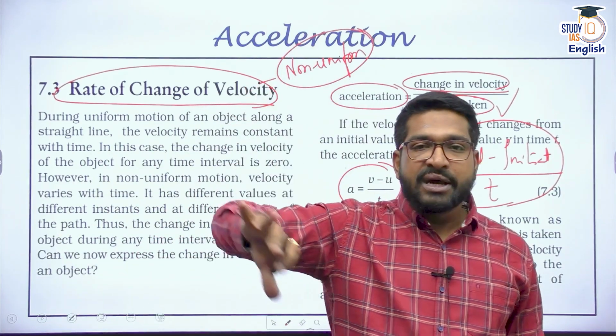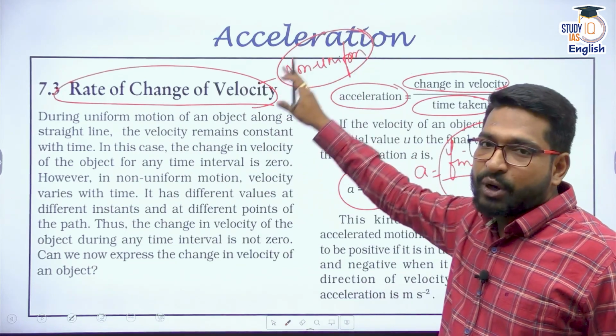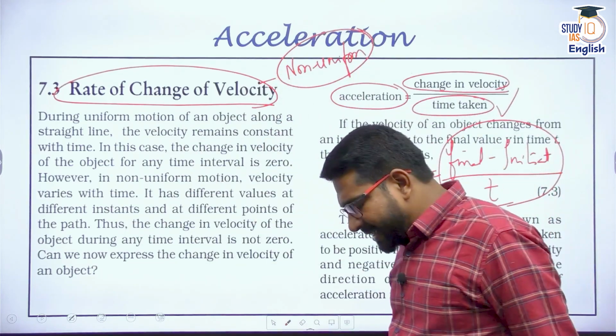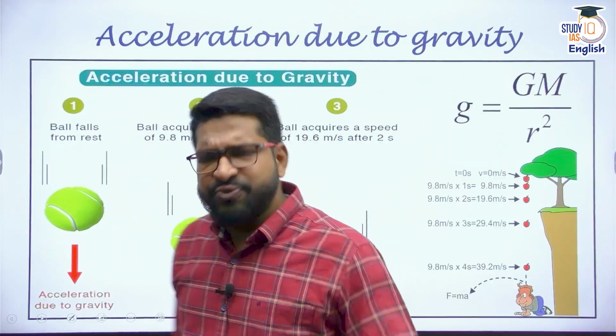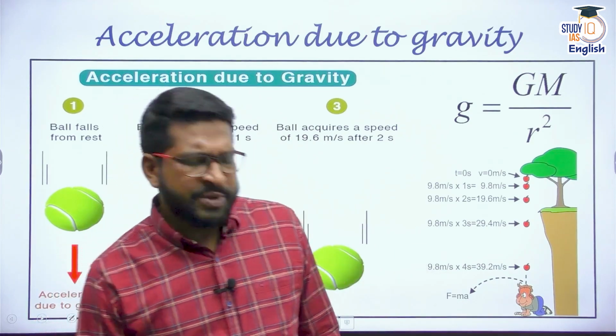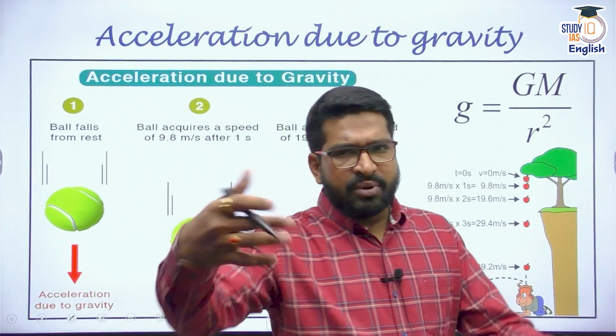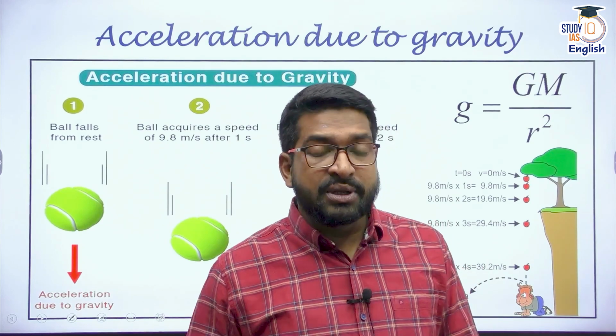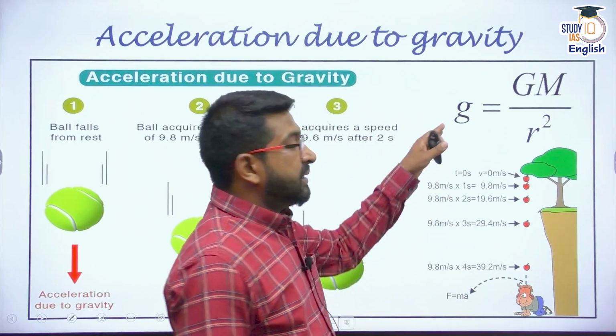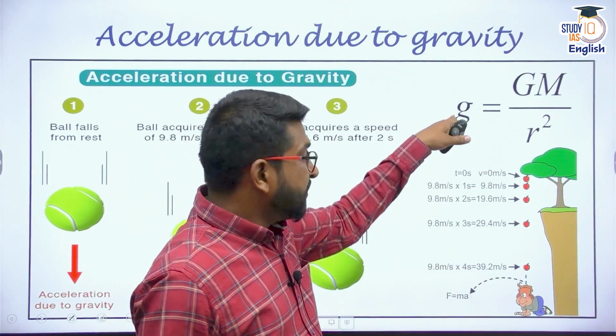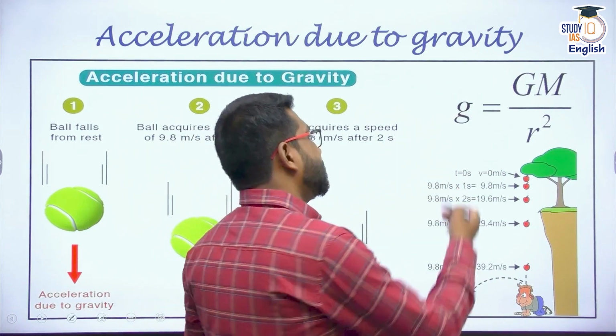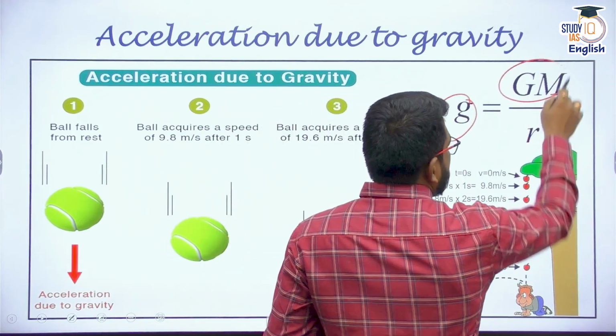It is defined as rate of change of velocity. And the classic example of acceleration can be understood from the gravity concept. So you must have seen this. Now, in our physics, gravitational laws tell us about the force of gravity. Earth's gravitational force is calculated by G into m by r square.